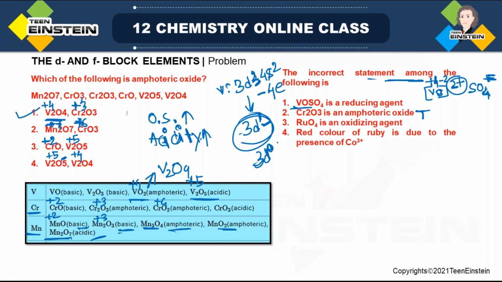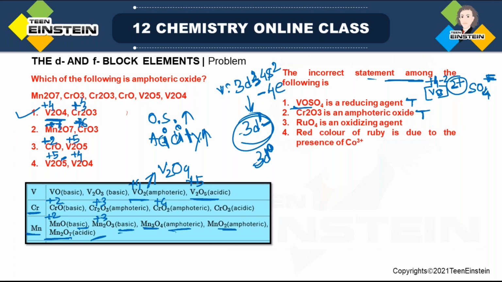That means when it is switching from 3d1 to 3d0, it is moving towards a more stable state. So here electron donation will be a facile process. So this statement is also true, that it is a reducing agent, because after donation of the electron, it achieves the stable configuration.